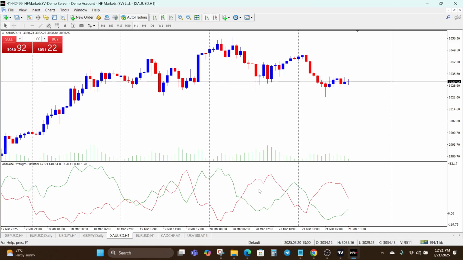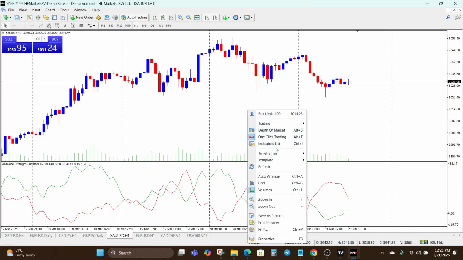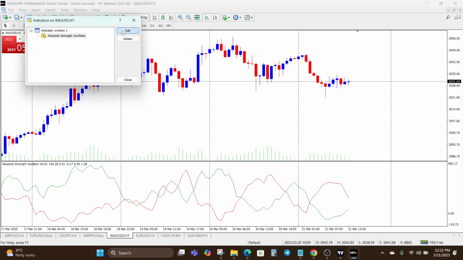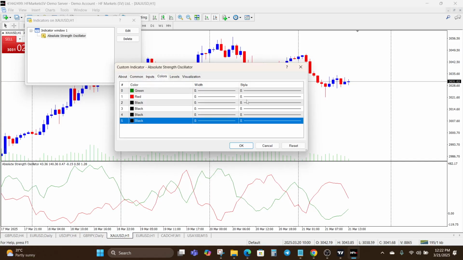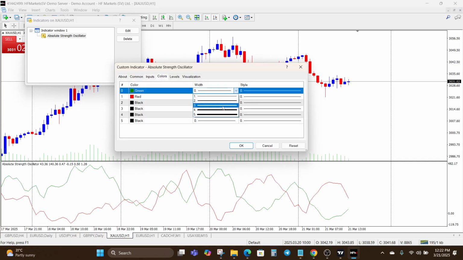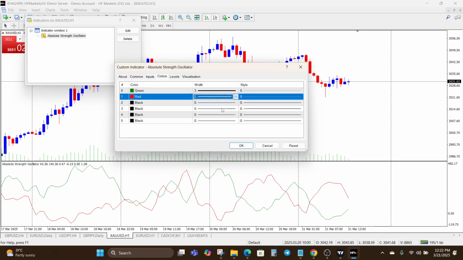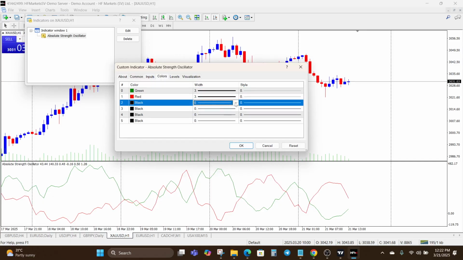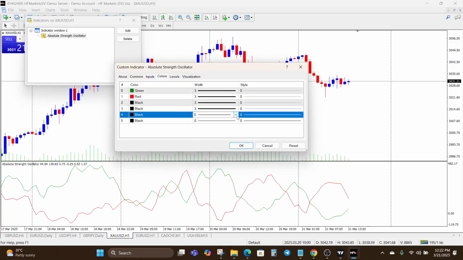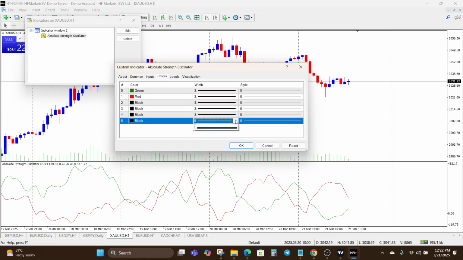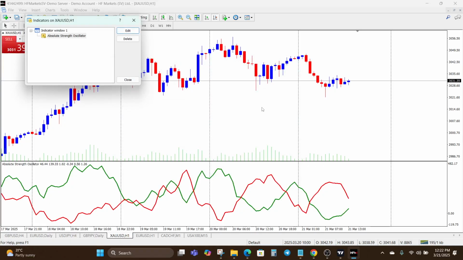Now, as you can see right here on the chart, maybe I should make the lines a little bit thicker, so that you can see it clearly. All right, here we go.